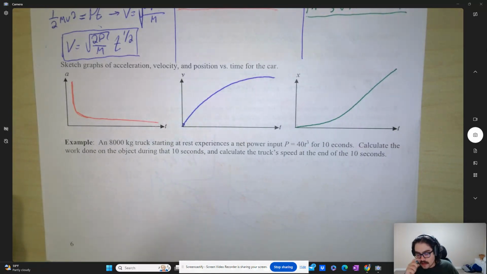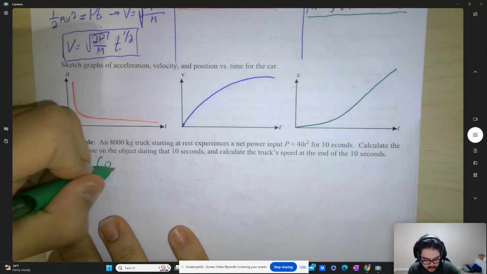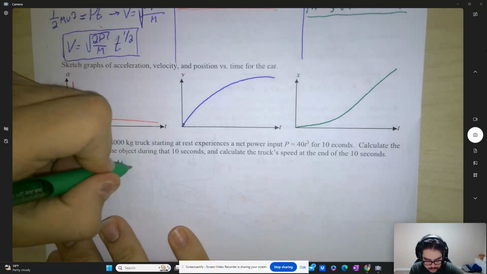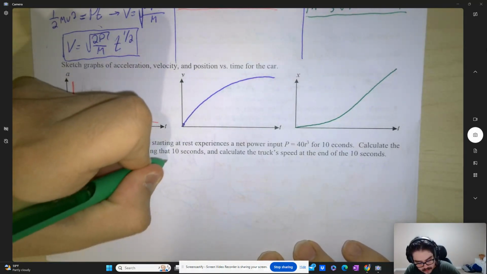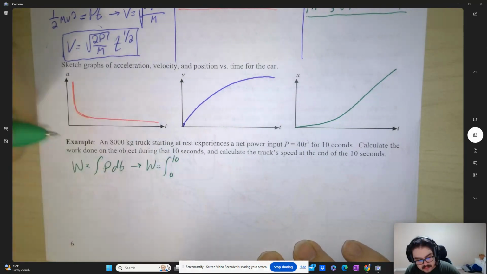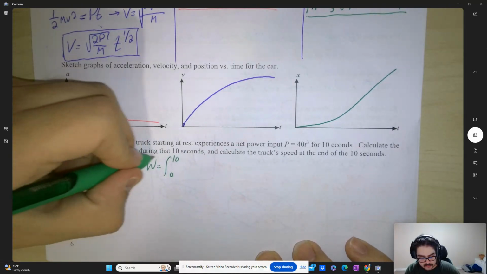So for part one, I'm just going to do the integral of the power function with respect to time. And I actually do need to apply bounds here. So I'm going to go from 0 seconds to 10 seconds because I'm trying to find the work done during those 10 seconds.